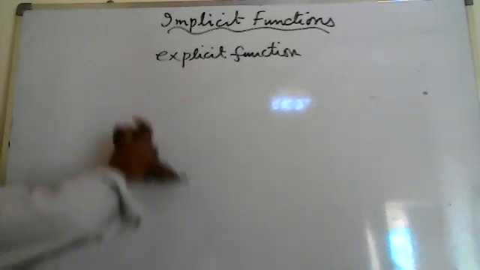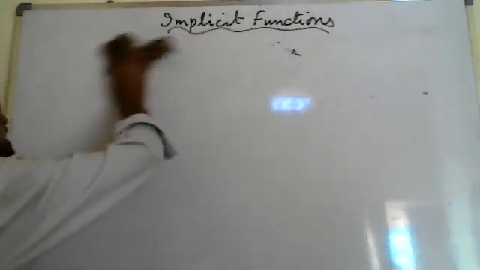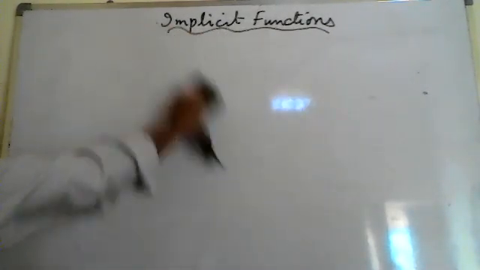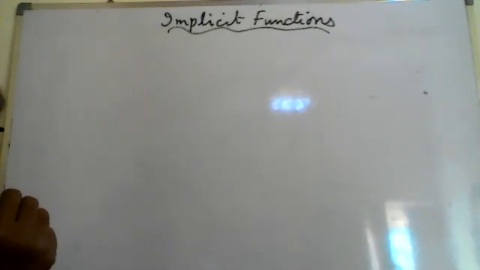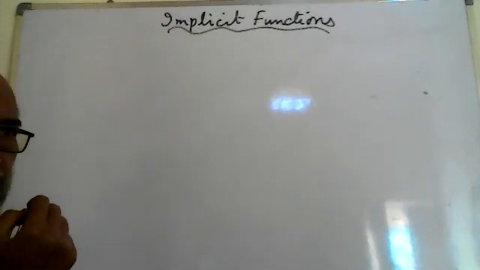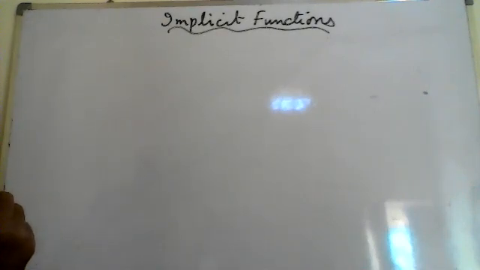So generally the curves are implicit. The equation of the curves are implicit. For example, the equation of the ellipse is x square upon a square plus y square upon b square equal to 1, etc. So these all are called the implicit functions.